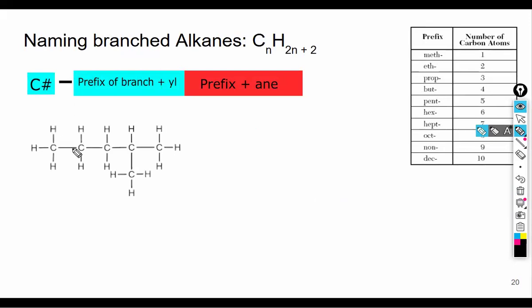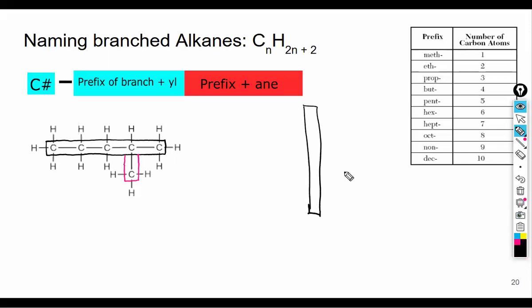You all notice this one here. You have a main line of carbons here, and coming out of it, you have what? A branch. Everyone can imagine this. Think of it like this now. If you put it vertical, this could be the main tree trunk, and this could be the branch coming out.